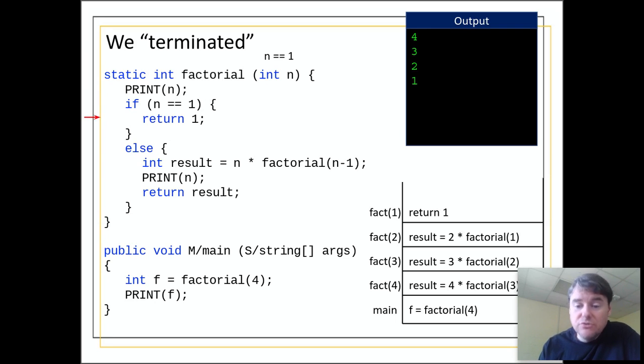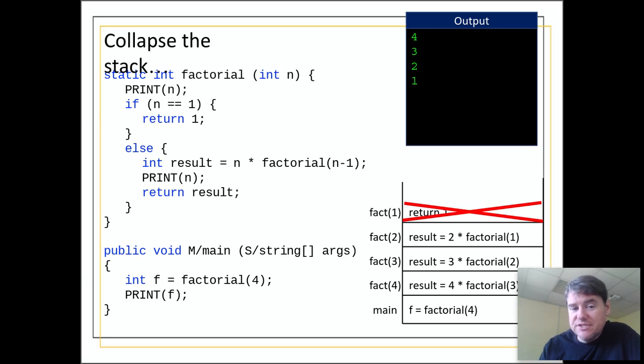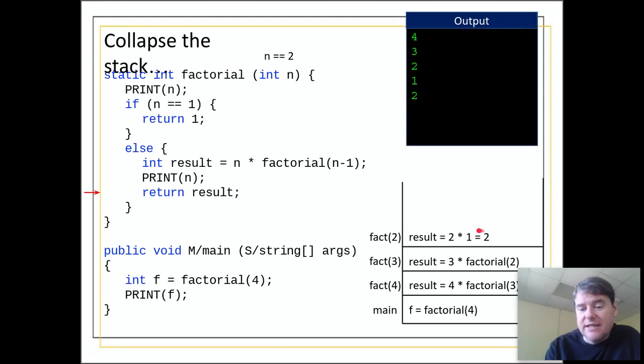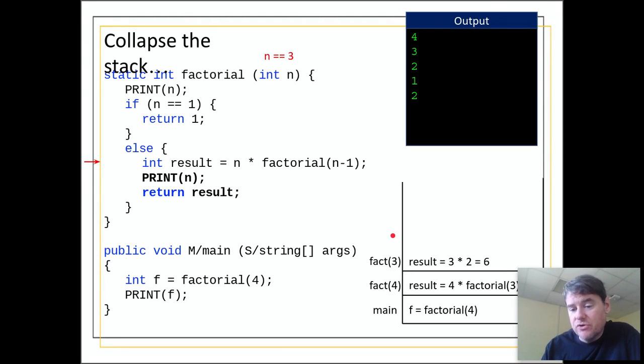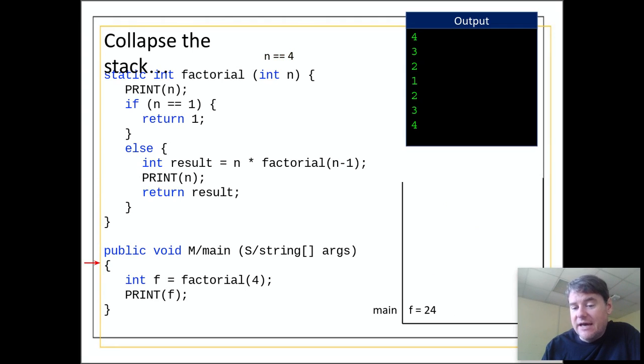The good news is we do know how to calculate the factorial of 1, so now each of those things gets to come back to the previous call, fill in the information, and actually return what was supposed to be returned from there. And so you can see the collapsing of the stack if I just run through it. In each case, it's filling the number into the previous stack and then coming back down until we get there.